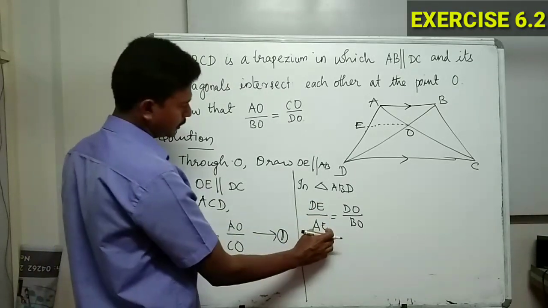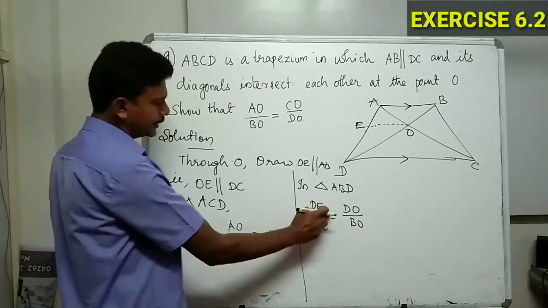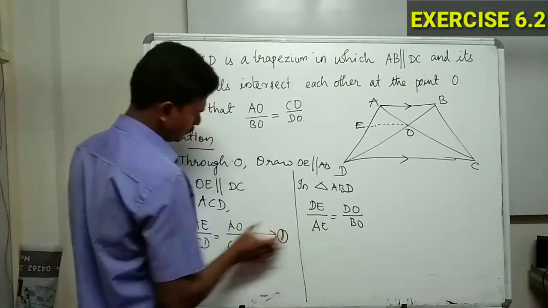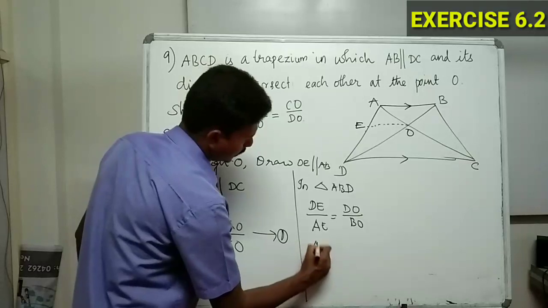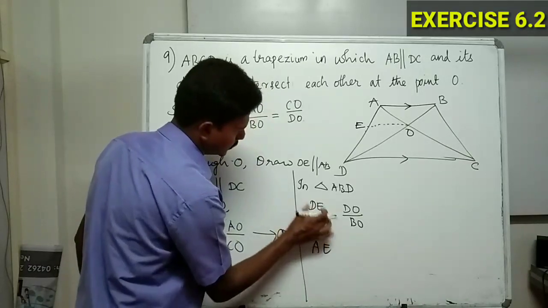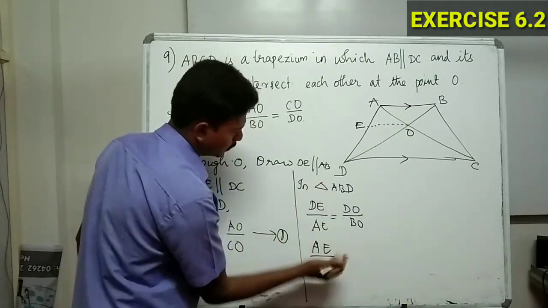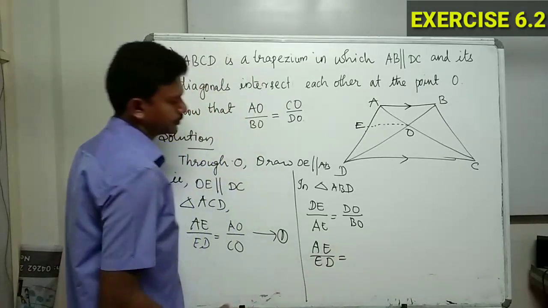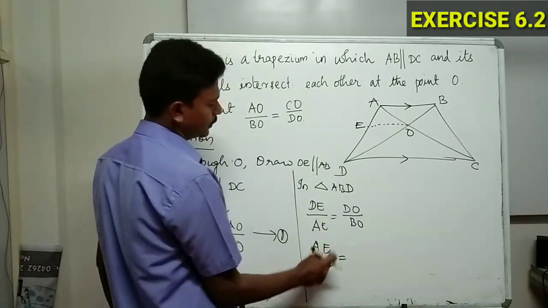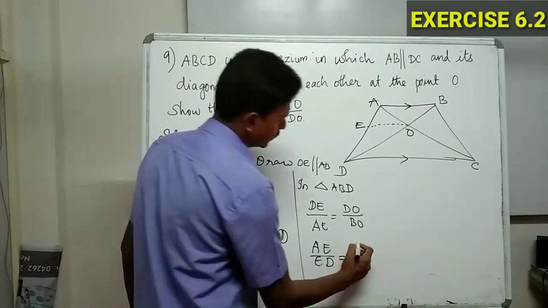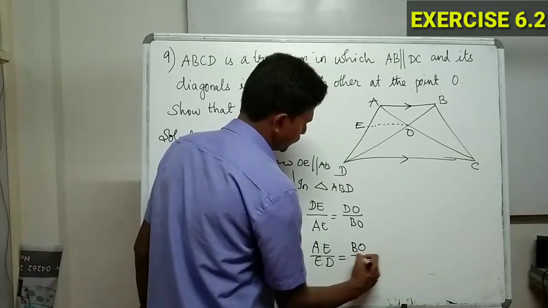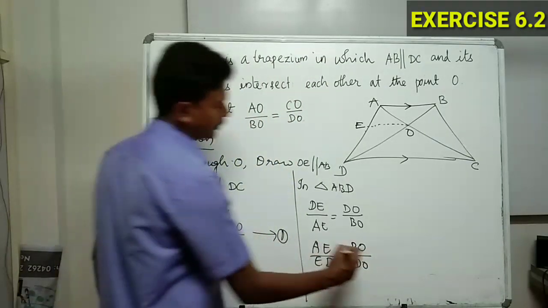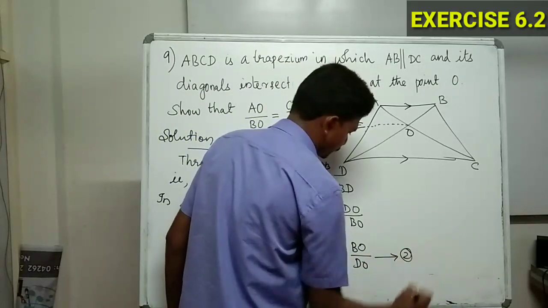ED and DE are both the same, so it does not matter if we switch them. So we can write this as AE by ED is equal to BO by DO. Now these two left sides are equal. Now we can equate the right side values.